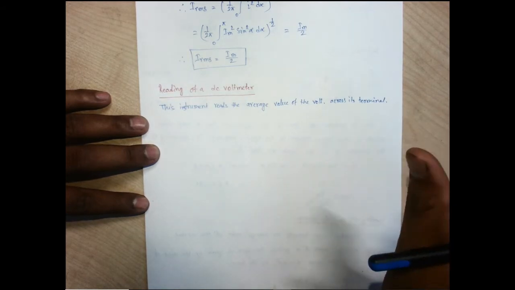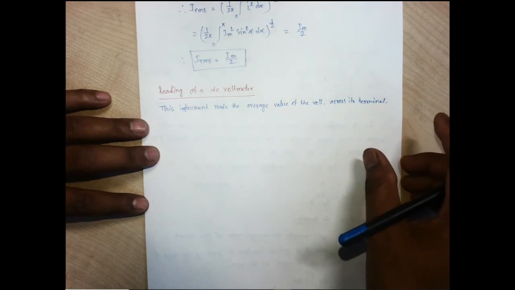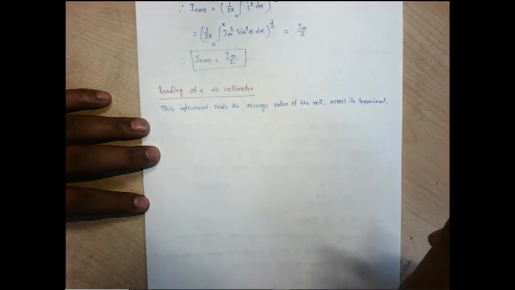Now if this voltage is needed to be measured across the diode, then what are we going to measure? We need to measure the instantaneous voltage, because we have been working with the AC input.